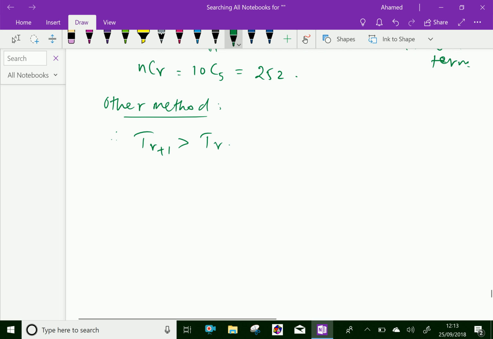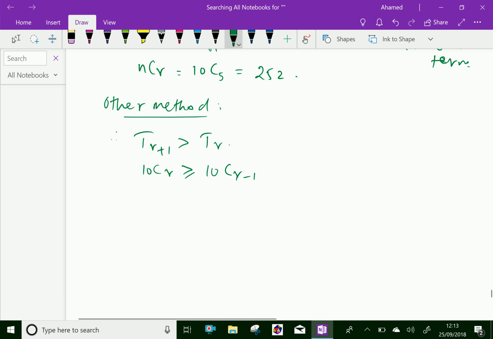Now therefore here, we know that 10Cr is greater than or equal to 10C(r-1) also.